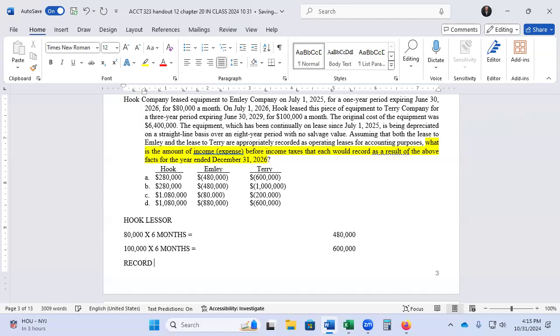Now they have to record depreciation expense, which is 6.4 million. And I think it's a 5 year? Oh, 8 years. 8-year period with no salvage value.